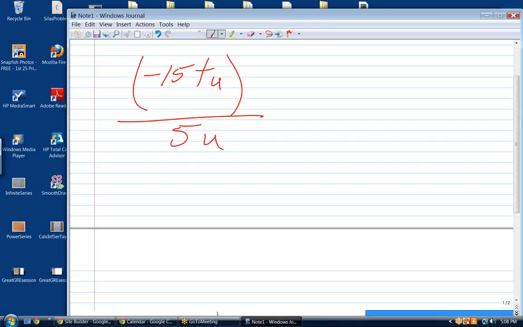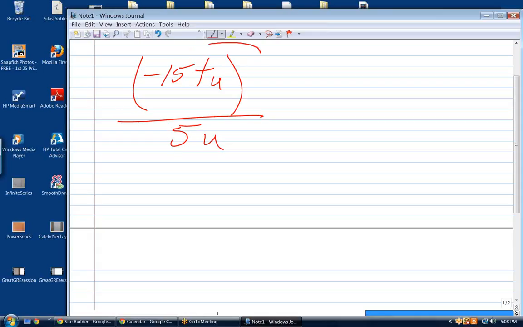Okay. How can I simplify this? Divide negative 15 and 5. Okay, by what? Just divide them. Well, what I'm really doing is dividing the top by 5 and dividing the bottom by 5.